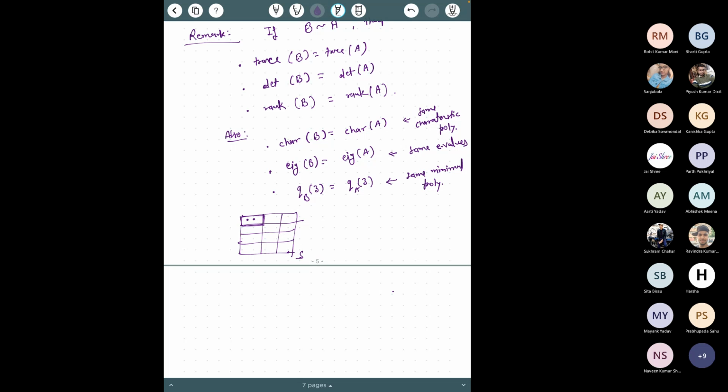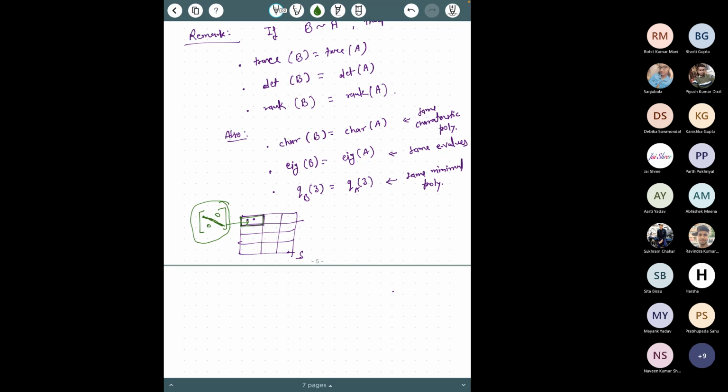So if I choose a representative for this class which is as simple as possible, simple meaning, let's say, a diagonal matrix, then finding its trace, determinant, rank, eigenvalues, characteristic polynomial, everything is very easy for a diagonal matrix.